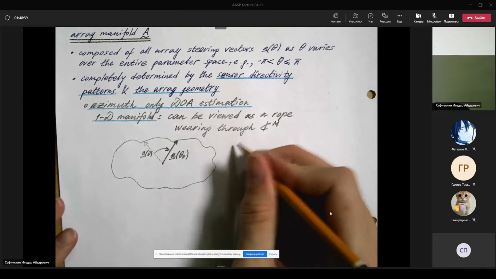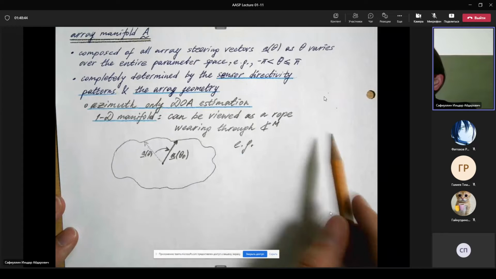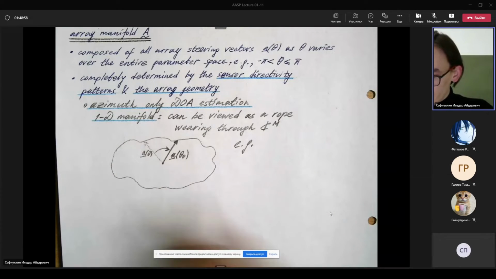And here we write down that we need the rope which wears through this complex plane of size m, but we have here only 2.